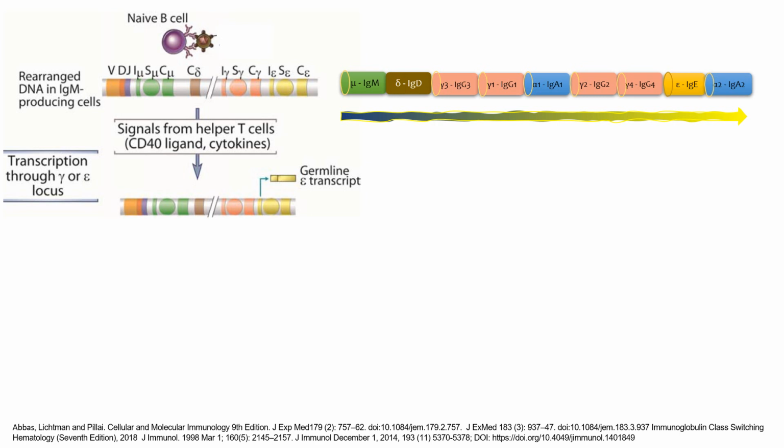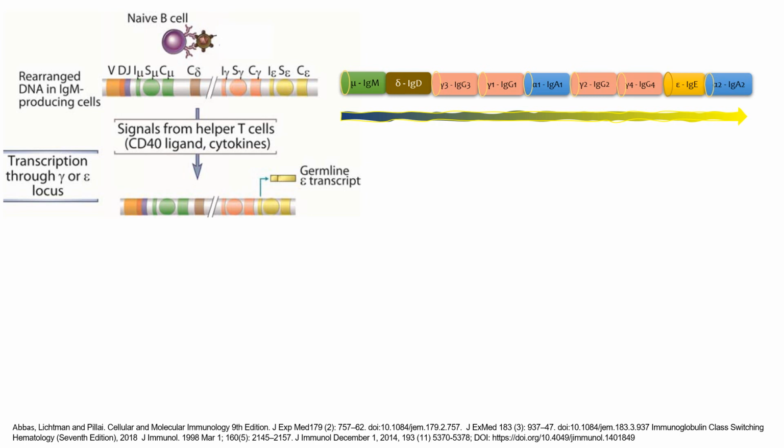So it is the signals from Th cells that have been stimulated through the T cell receptor by the specific drug that is perceived as antigenic. So it's the T cell epitope from the drug, and with the appropriate co-stimulatory signals from the CD40 ligand that produces a different pattern of cytokines.